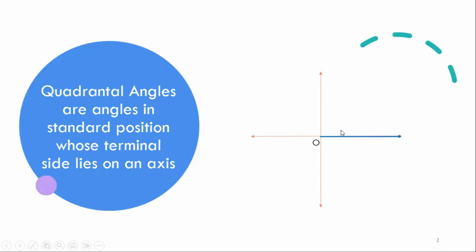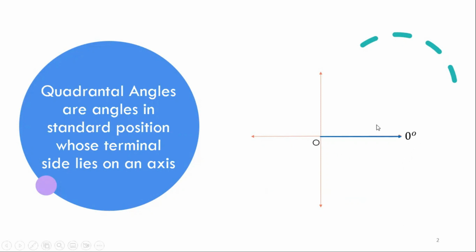So consider this angle, which is in standard position, meaning the initial side of the angle lies on the positive x-axis. It is considered a quadrantal angle if the terminal side of the angle lies on an axis. So for this angle, we have a 0 degree angle.